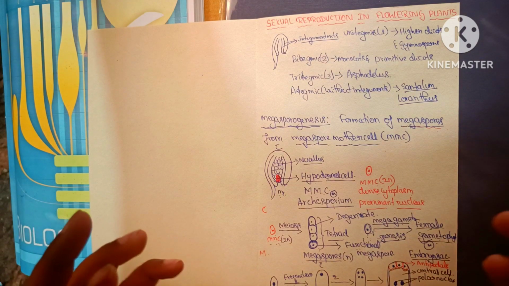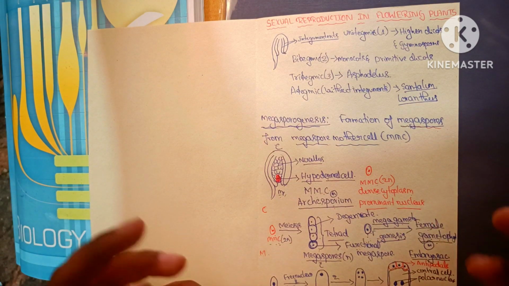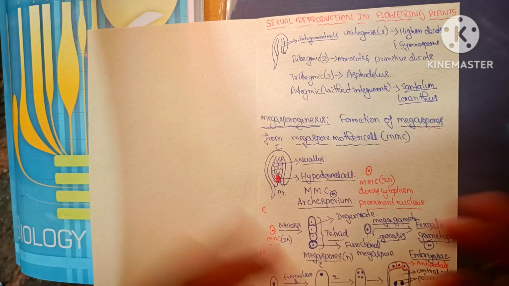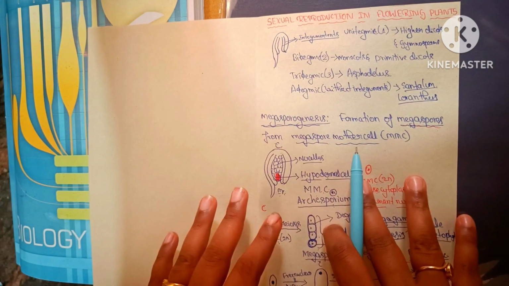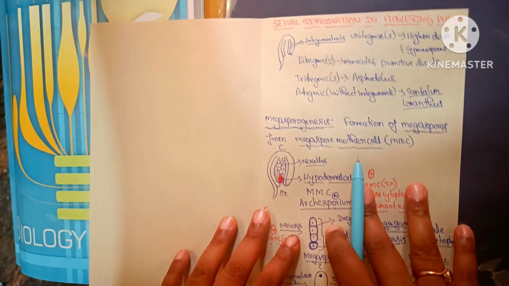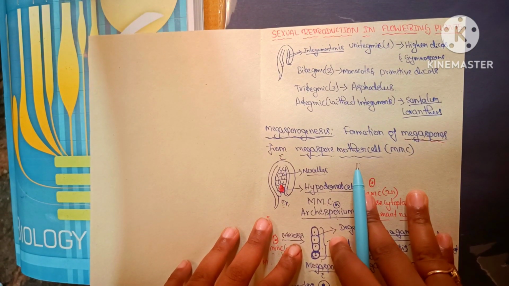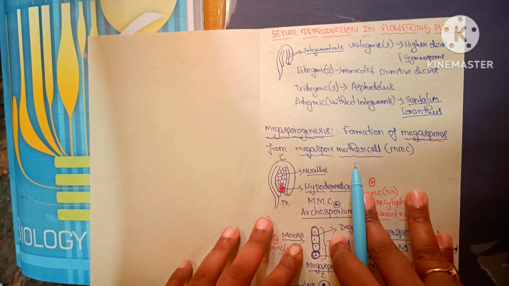To get fertilized, these two should be brought together, and that process is called gamete transfer. In angiosperms, gamete transfer takes place through pollination. That we shall take up in the next class.